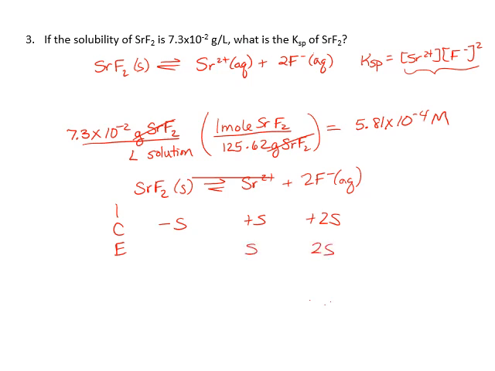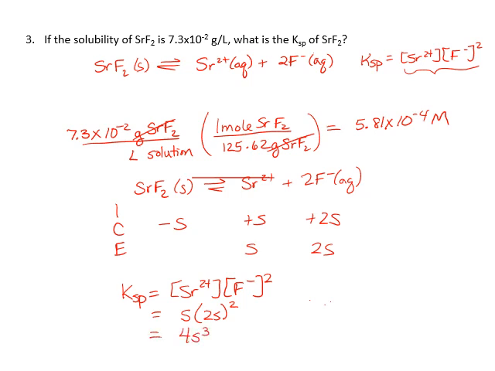Remember that Ksp is going to be equal to the equilibrium concentration of the strontium ion times the equilibrium concentration of the fluoride ion squared. The strontium ion will be S, fluoride will be 2S, and we have to square that.